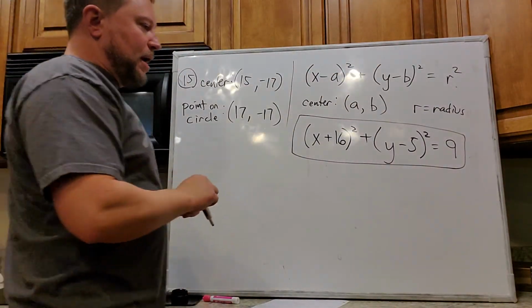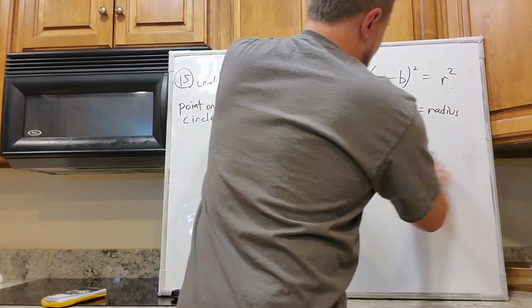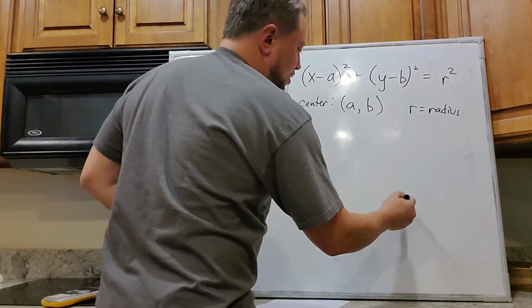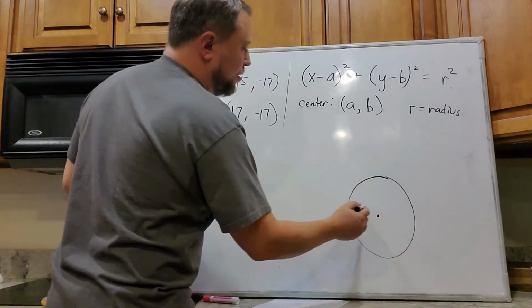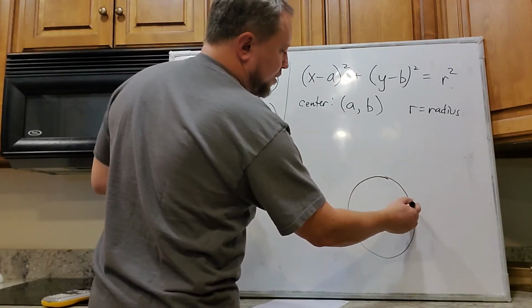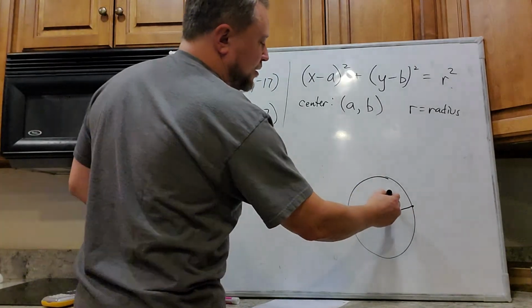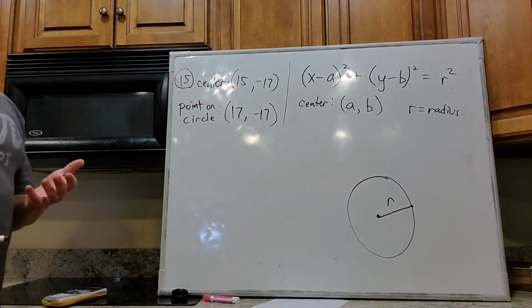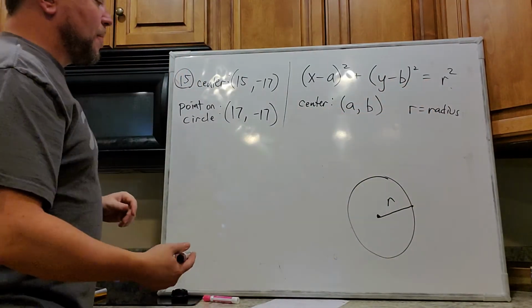Now, if you think about it, if we have a scenario where we've got a circle and we know the center and we know a point on the circle, I'm just going to pick some random point like right there. If you connect them, notice that makes a radius. So we need to find that radius because that's what we have to use to find our formula.